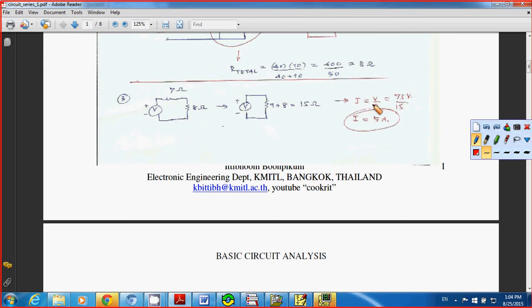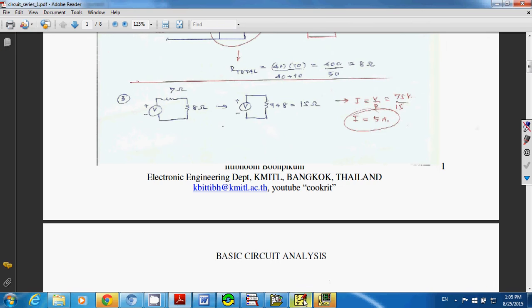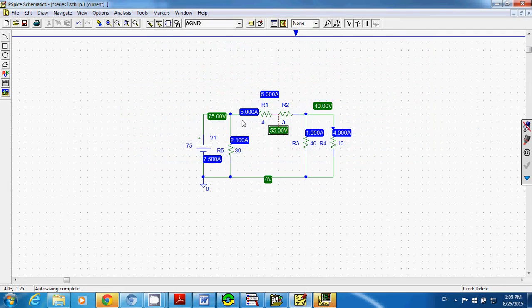So your current equals V over R, or 75 volts divided by 15, and that gives you 5 amps, just like you have in your PSpice here. This is the 5 amps, correct? And now the next step, you need to find the current flowing through the 40 ohm resistor and 10 ohm resistor. And from PSpice it shows you 1 amp and 4 amps.